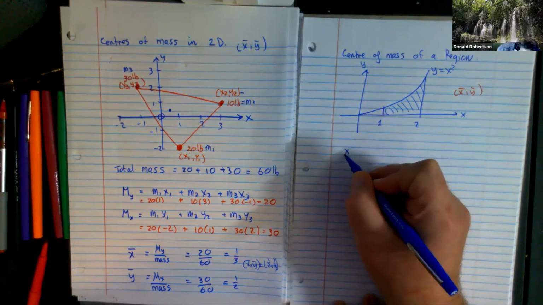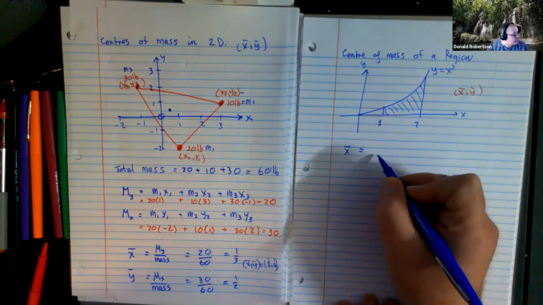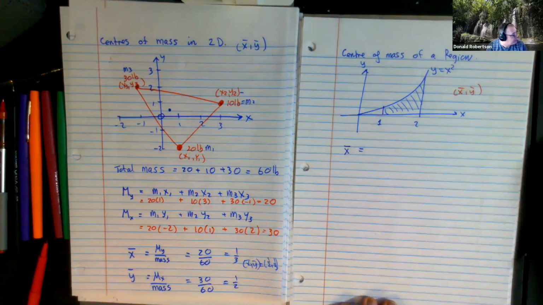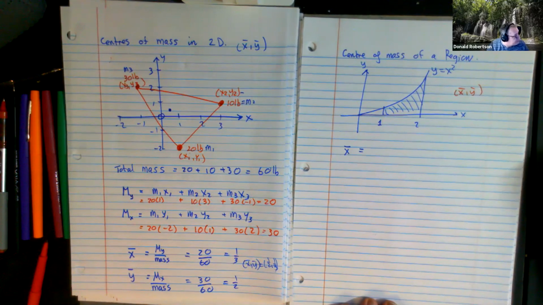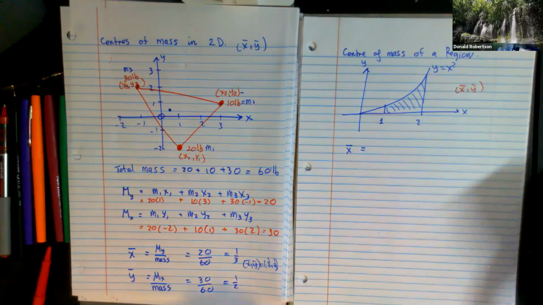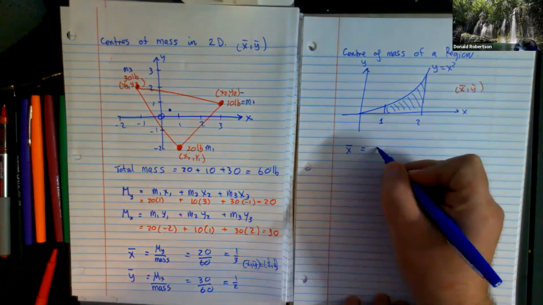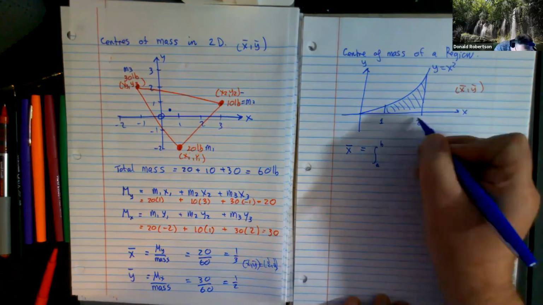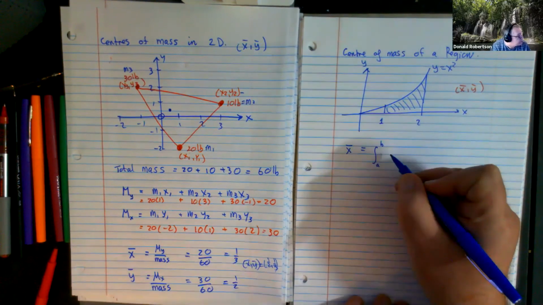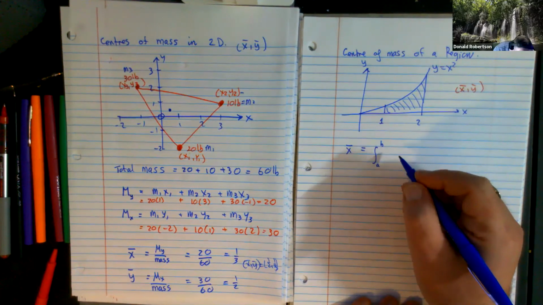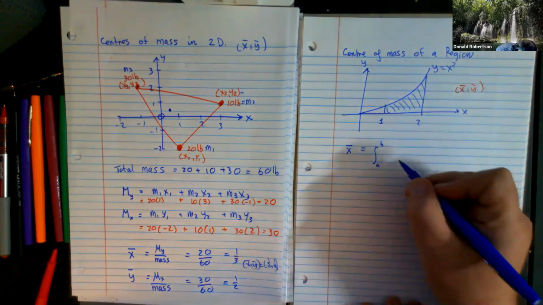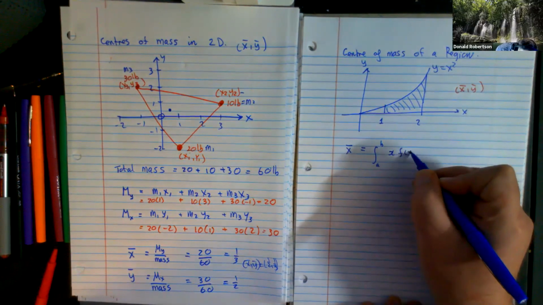X bar is in terms of an integral. I'm going to get the notation right here. It's an integral from a to b, 1 to 2 in this case, of x f of x dx.